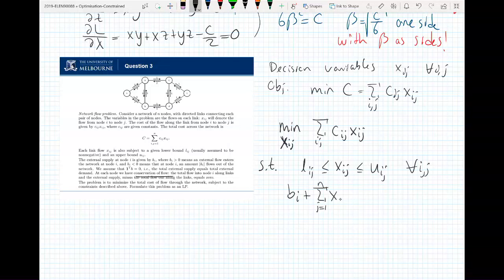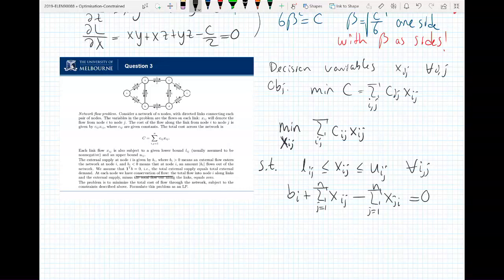You know, of course, for non-neighbors, the flow will be 0 in a graph. So I can actually sum it over all, since for those that are not neighbors, Xij will be 0 automatically. And then inflows, I need to take into account inflows, all of the j from 1 to N, Xji, those that come from my neighbors, and for those j's that are not my neighbors, Xji will be automatically 0. Right? And this whole thing should be balanced.